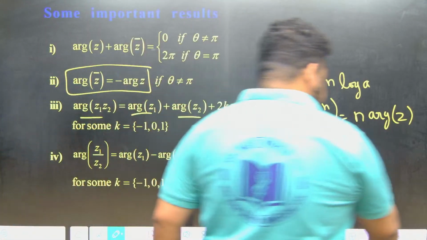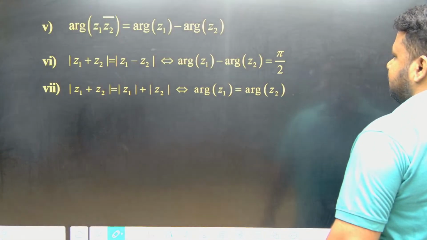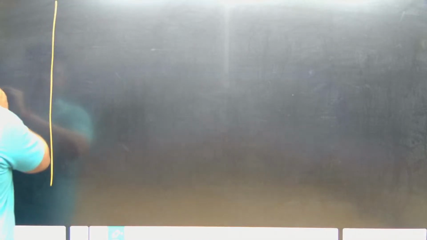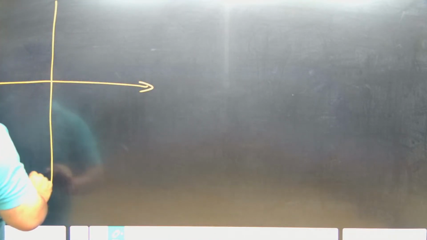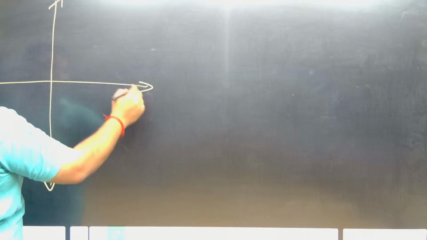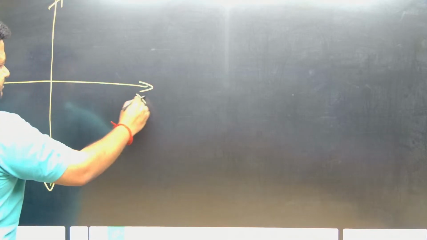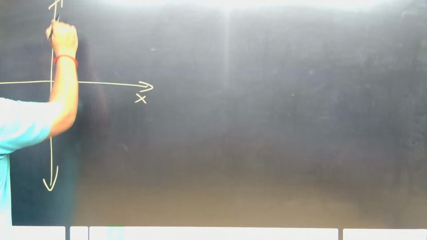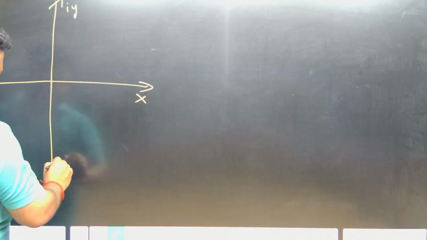Okay. Now suppose I am given values, let me take the argand plane. Now, this is x dash, this will be iy, minus iy.